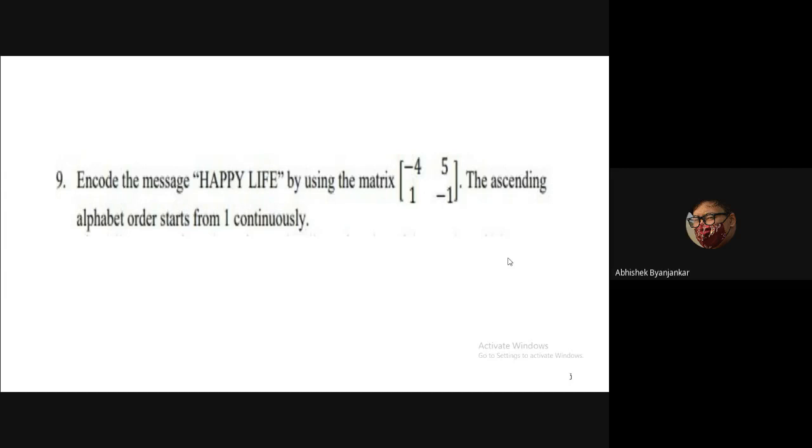The ascending alphabet order starts from 1 continuously. This is the question that had been given by the faculty, and I solved it on paper.